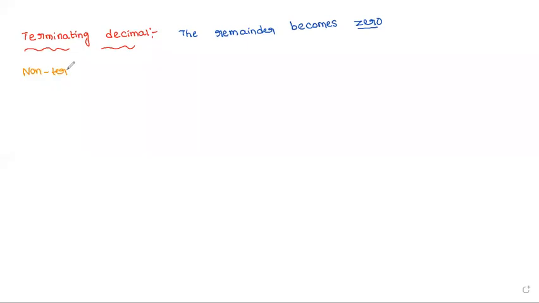So, terminating decimal. If any number is divisible by another number, the remainder becomes 0. If the remainder is 0, then it is a terminating decimal. Next, non-terminating decimal.